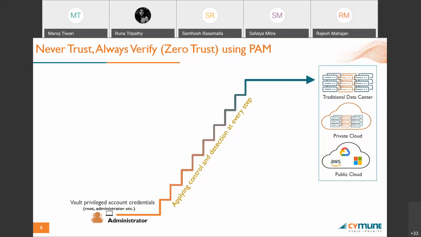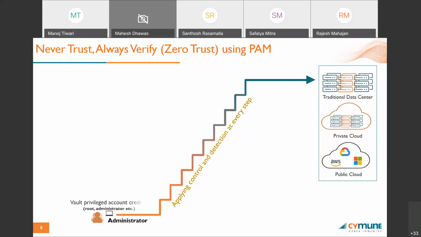They will be forced to access PAM first, and from PAM only they will be allowed to access these. So this is what PAM brings in. PAM will act as a gateway for all the administrators, and all the passwords will be vaulted in this. And because at no point of time will the administrators know the passwords of the accounts, they will be forced to log into PAM first. So this is the first layer of security we are achieving.